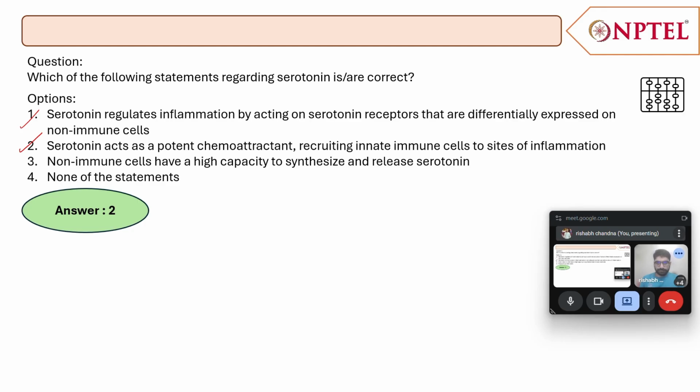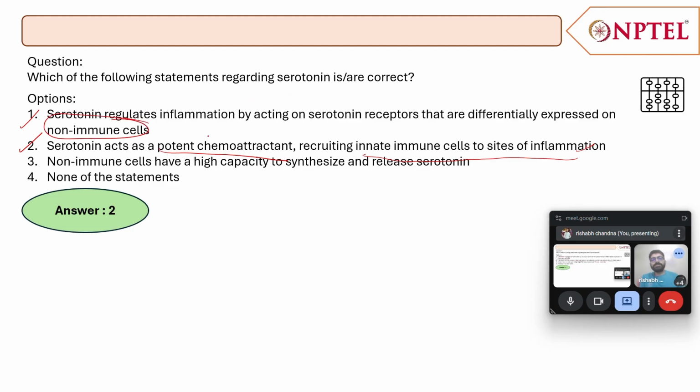So it acts as a potent chemoattractant. It recruits innate immune cells at the site of inflammation. Okay, so basically, the first option that is there, that is serotonin regulates the inflammation by acting on serotonin receptors that are differentially expressed on non-immune cells.